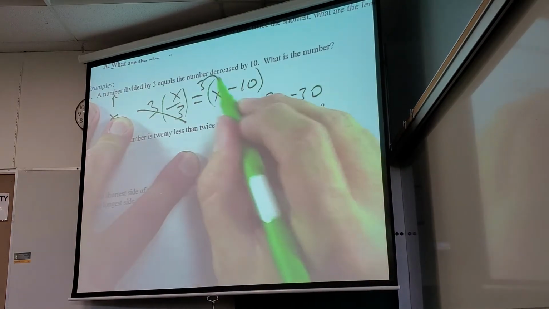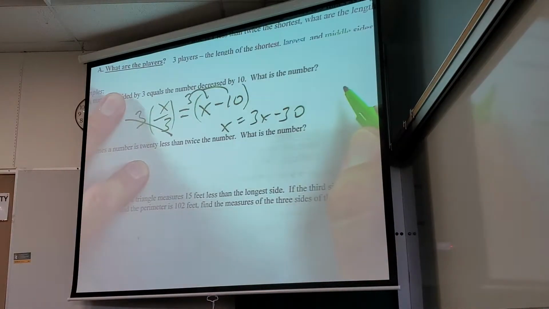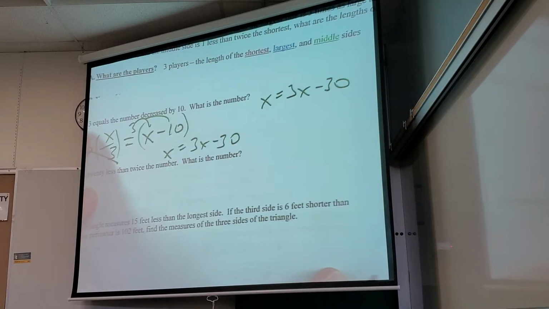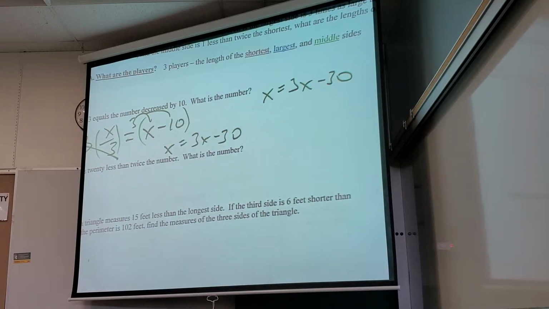Is that cool? Now you shouldn't get a fraction though, buddy. So what do I do next on this one? What's the only thing in the wrong place? The 3x.